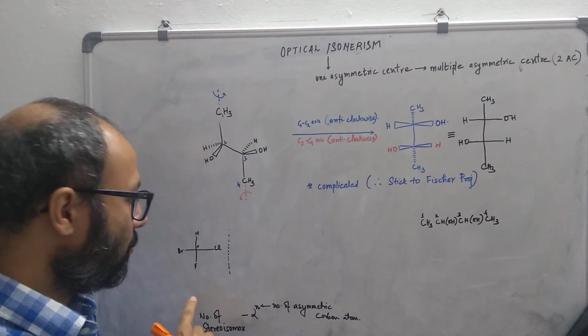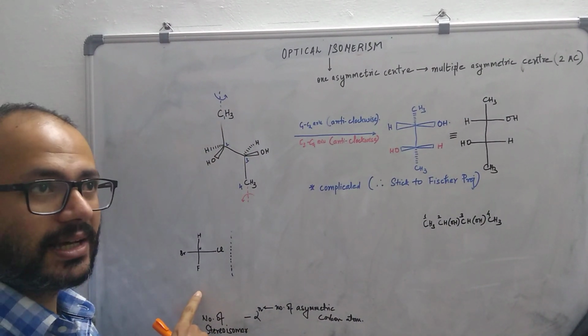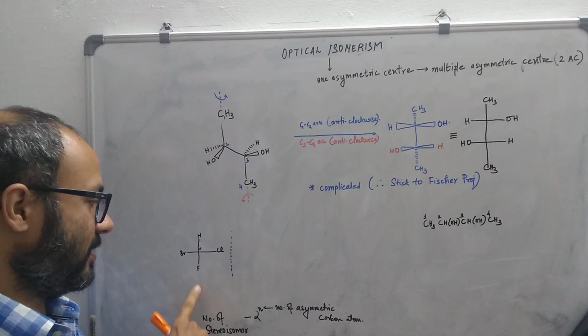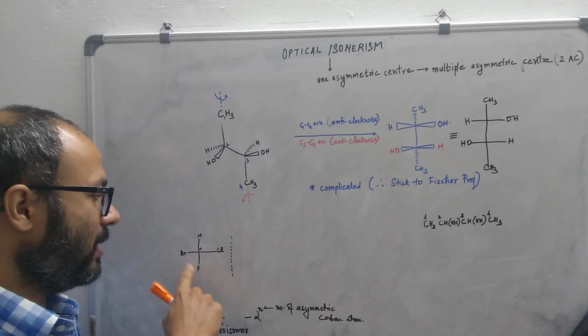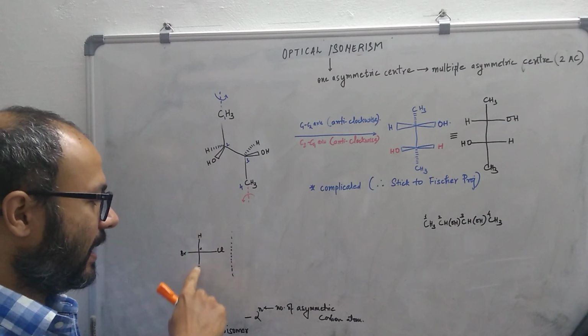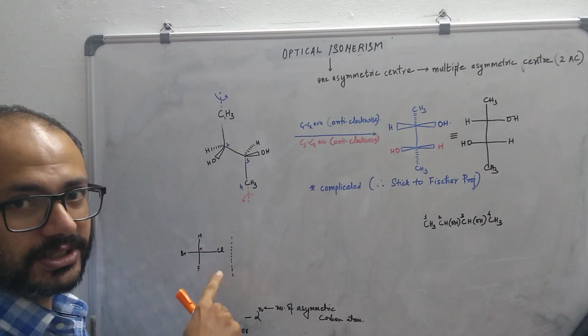Now, this was the compound that I discussed in the previous class containing one asymmetric center. This is your bromo, chloro, fluoro, methane. I have drawn this in a Fischer projection manner.